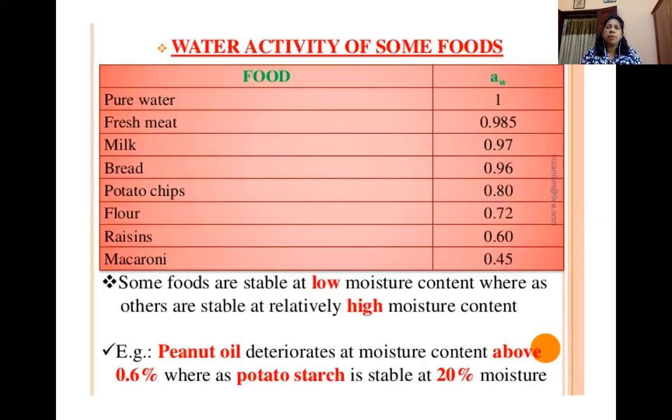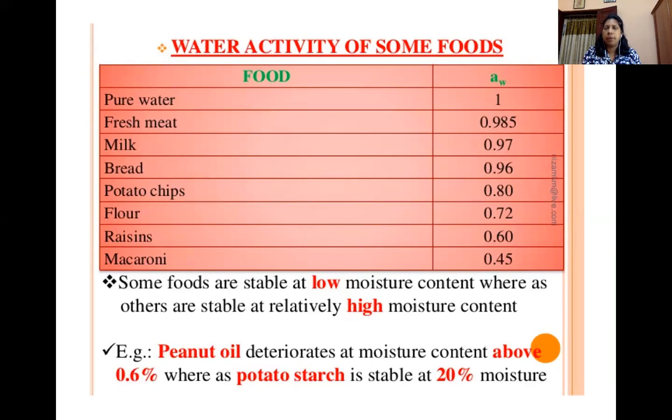The water activity of some foods is given here in this table. Pure water, as I mentioned, is always 1, and fresh meat is 0.985. Now you can understand that the water activity is really high in fresh meat. That means there is a lot of free water.